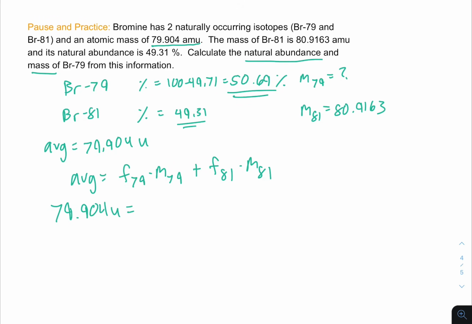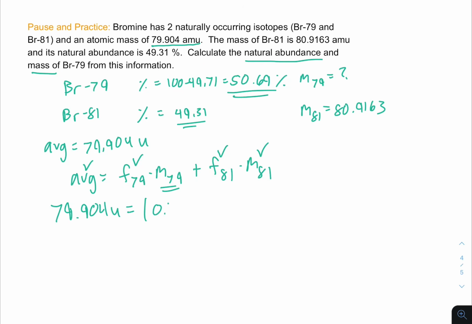And then we don't know what our mass is. We know the average, we know the fraction of 79, we know the fraction of 81, and we know the mass of 81. So there's only one unknown, and that's the mass of isotope 79. So let's go ahead and plug in the information we have and then finish our calculation.